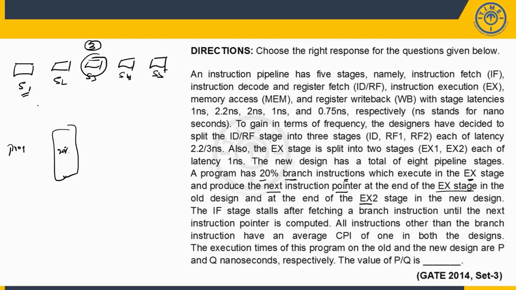But if the current instruction is a branch instruction, instruction fetch will be stopped until the current branch instruction produces the next instruction pointer. When the branch instruction is executing, we don't know what the next instruction is until the branch condition is evaluated. Is that clear?